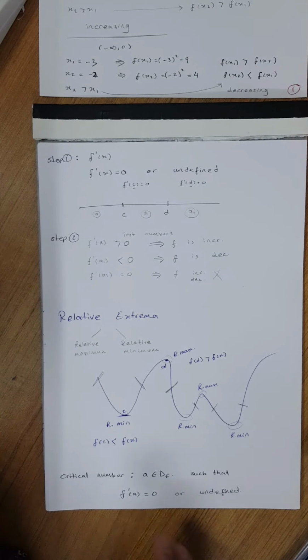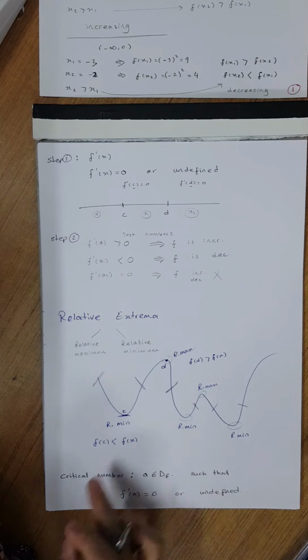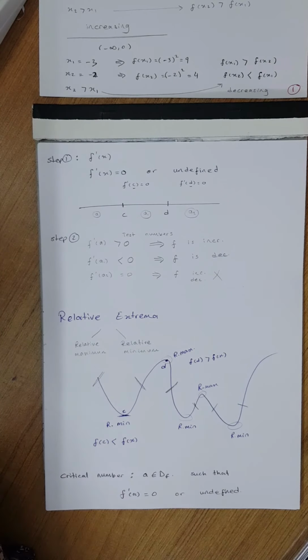So what is a critical number? It is those numbers that make the first derivative equal to 0 or undefined. And relative extrema occur at critical numbers, as we have talked about.